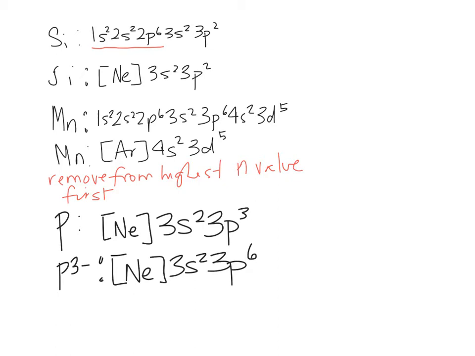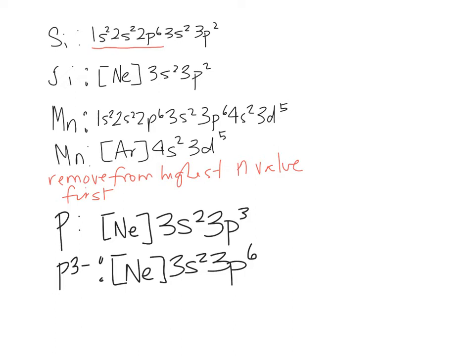Those extra 3 electrons went into p orbitals. Right? Put your finger on phosphorus. It gains 3, so move your finger over 3 spots. Where do you end up?